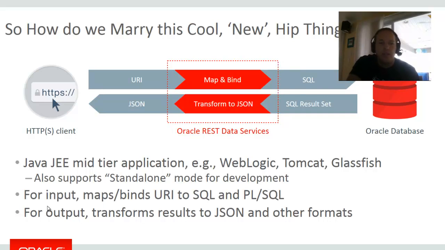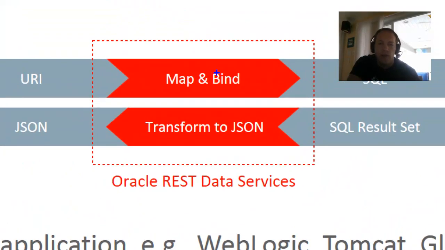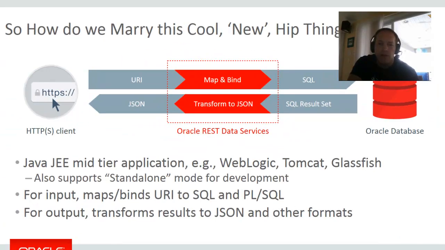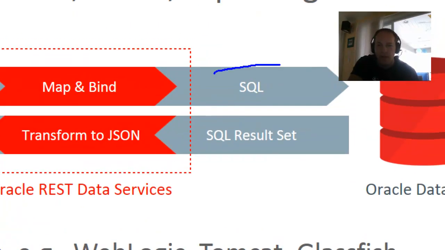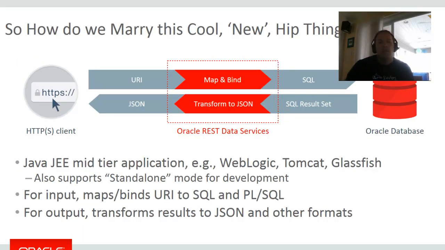And ORDS is going to get that, and it's going to say, okay, I need to transform that URI. I need to figure out what that represents, what's going to get called because of that. And anything that happens in the database, surprise, is going to get executed in the database via the database language, which is SQL or PL/SQL.